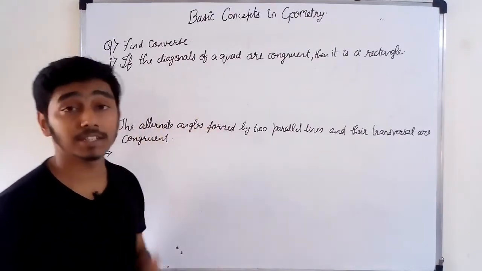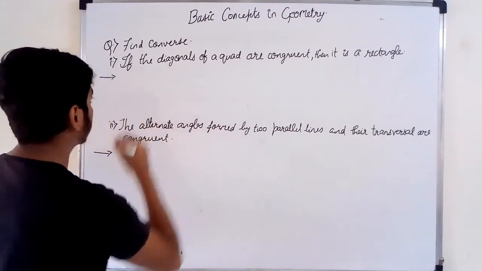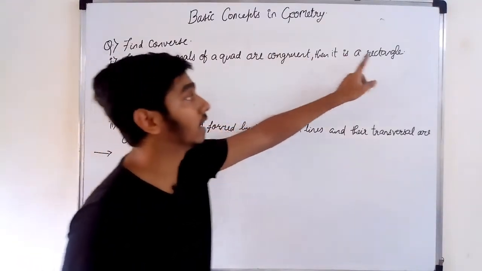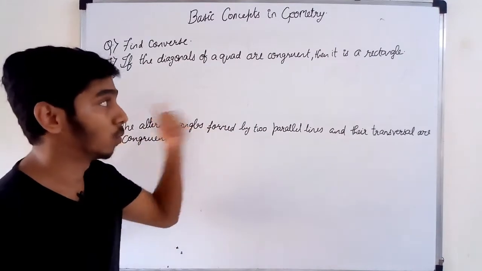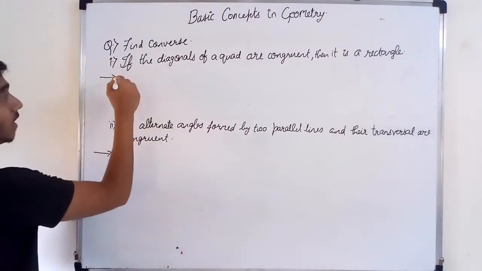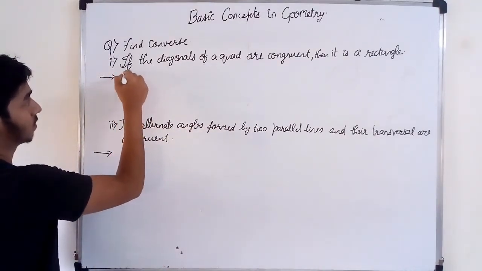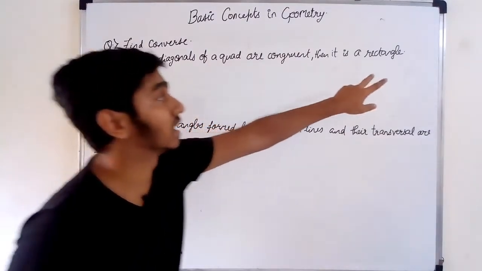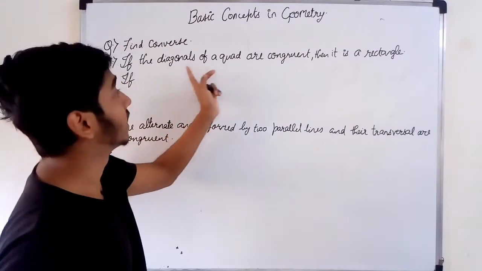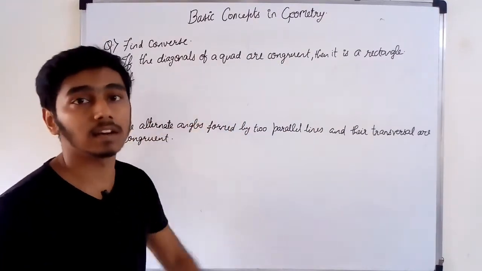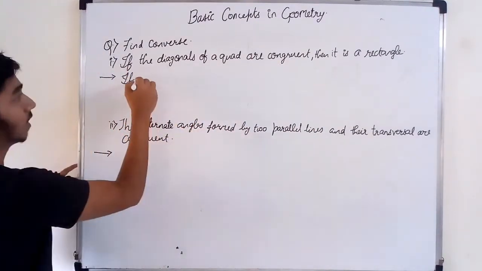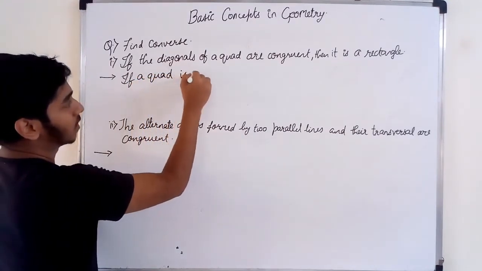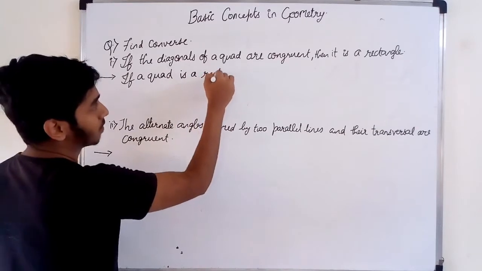Okay, if you have understood, let's see how we do it. If the diagonals of a quadrilateral are congruent, then it is a rectangle. So what will the converse be? If a quadrilateral is a rectangle, then its diagonals are congruent.